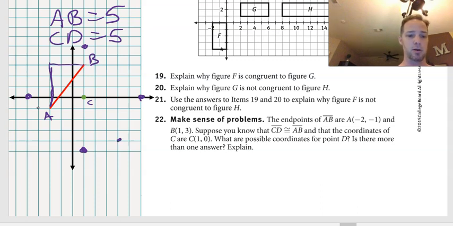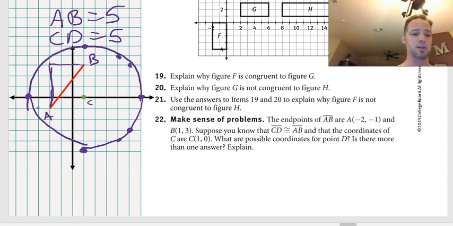or 3, 4. There's some more points because that's a 3, 4, 5 triangle. All of these points, and very quickly you start to realize you actually start creating a circle because any point on this circle is going to be 5 units away.